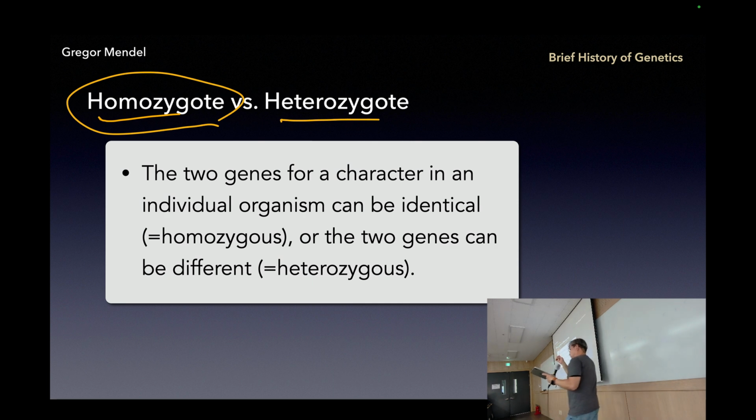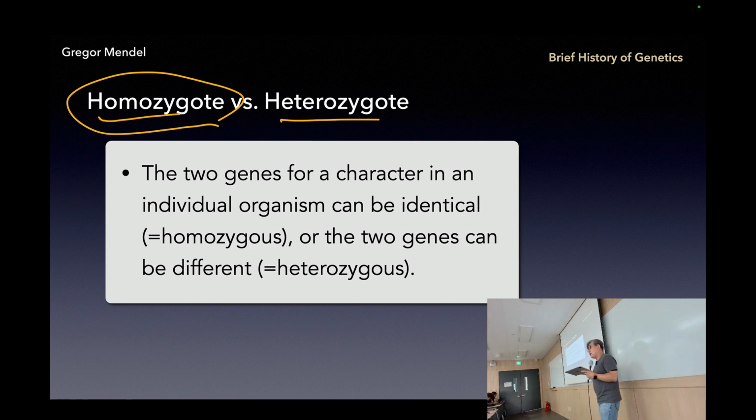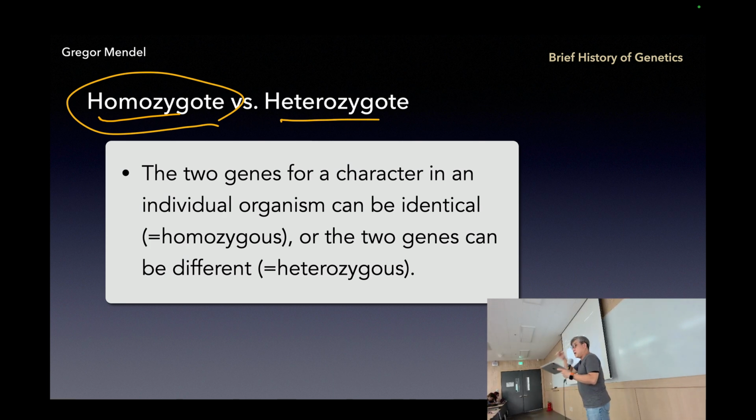You have two genes for each character, and if those two genes are 100% identical, you call them homozygous. That's an adjective, and homozygote is a noun.